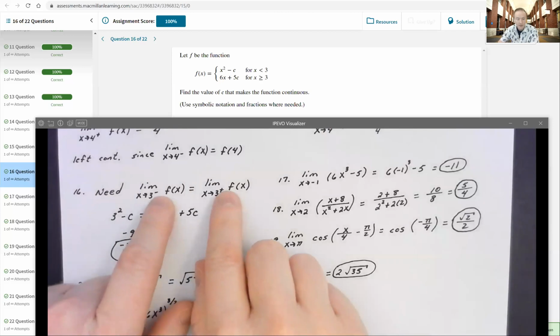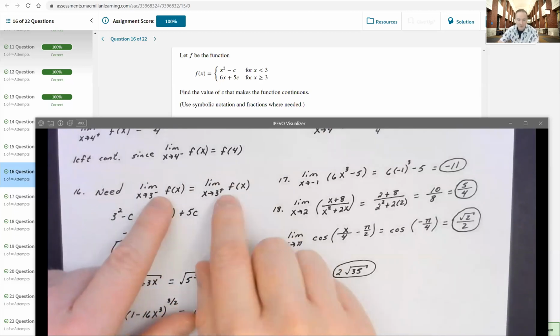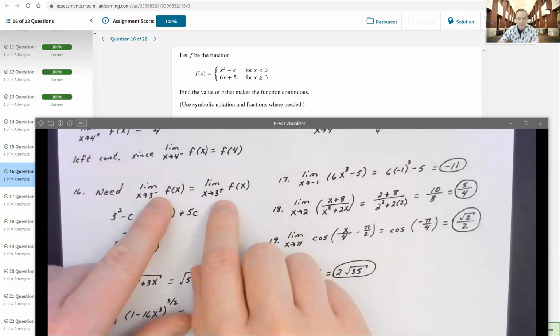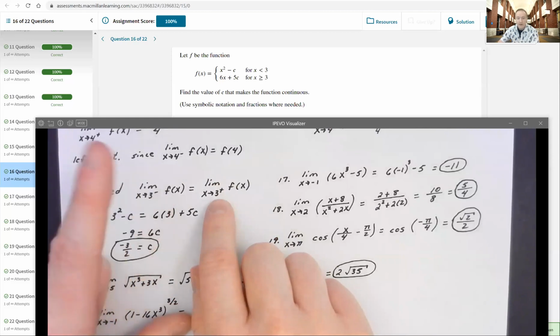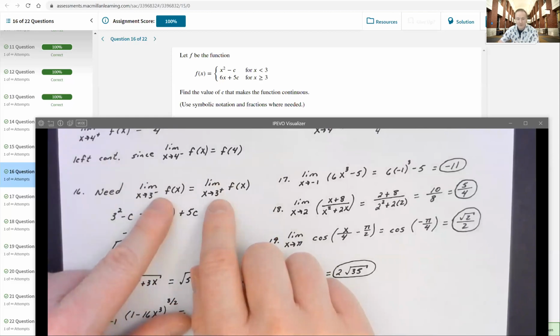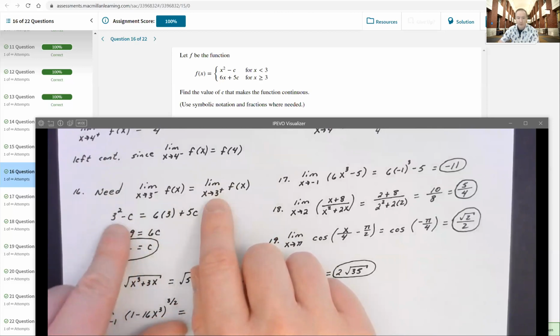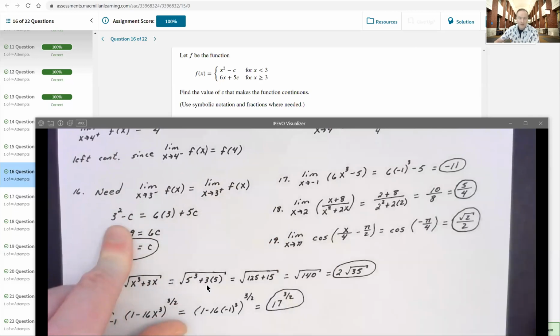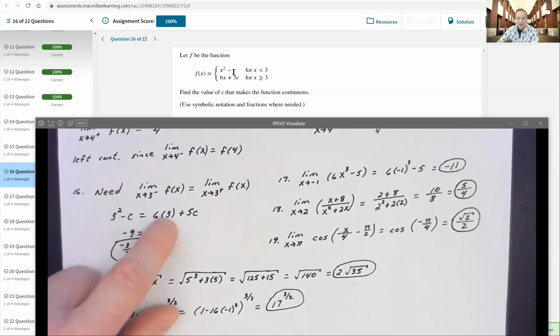That's what I do right here. It's going to be continuous everywhere if the limit as x approaches 3 from the left is equal to the limit as x approaches 3 from the right. I plug 3 into my top function for the left-hand limit, so it becomes 3 squared minus c. Then I plug 3 in for x in my bottom function, 6 times 3 plus 5c.